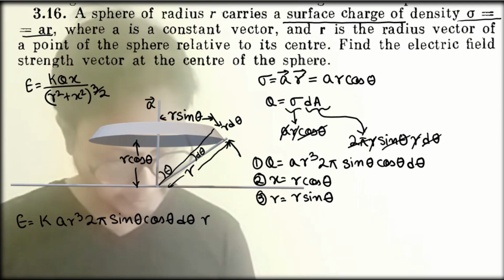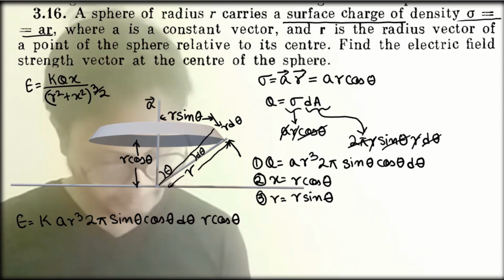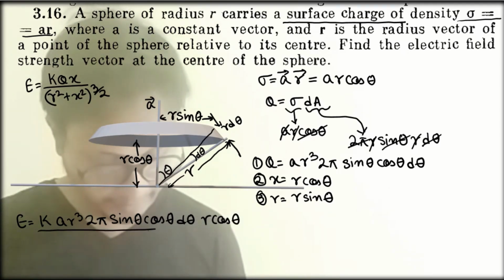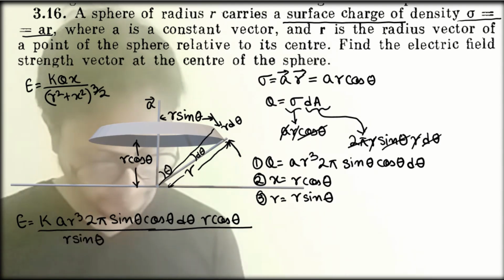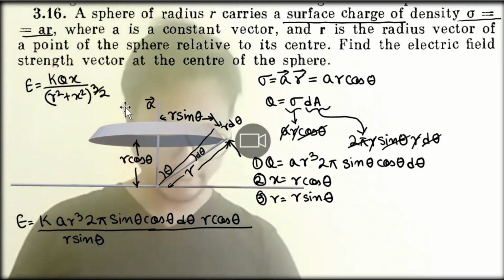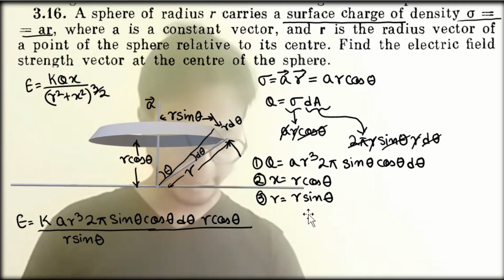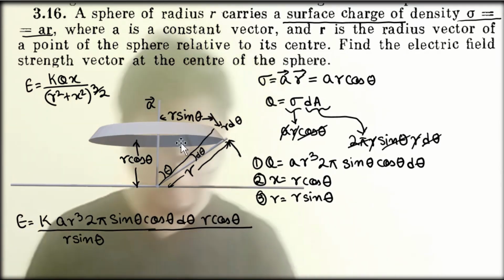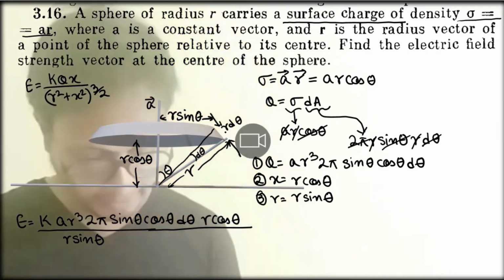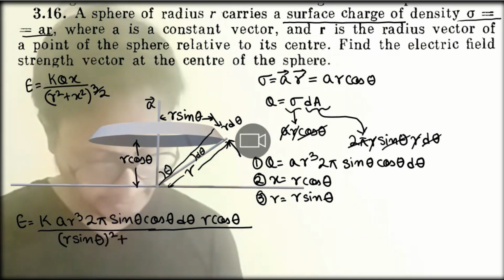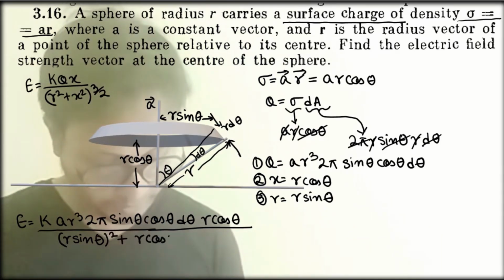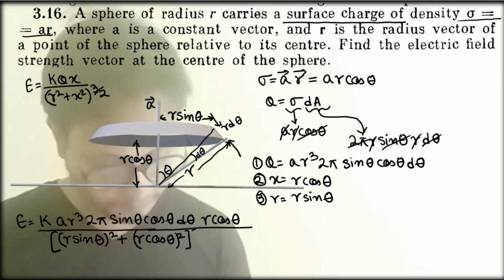The value of x is R cos theta, divided by R square. This r is the radius of the ring, and this R is the radius of the sphere. So (R sine theta) whole square plus x, the value of x is R cos theta, whole square, to the power 3 by 2.